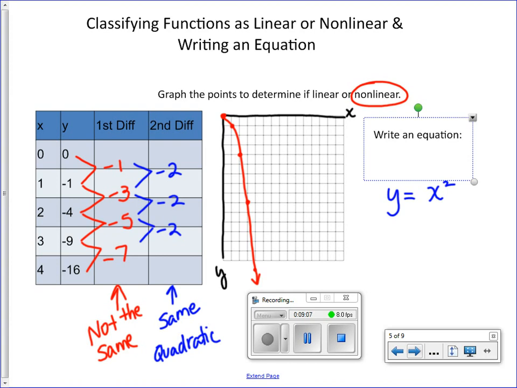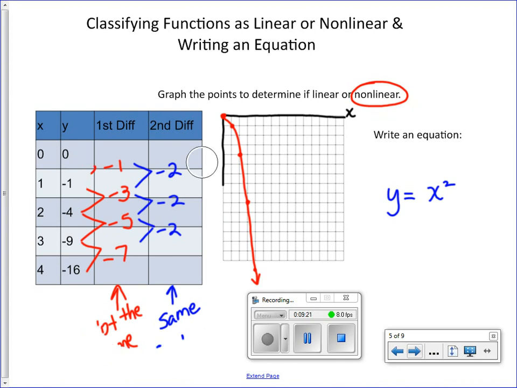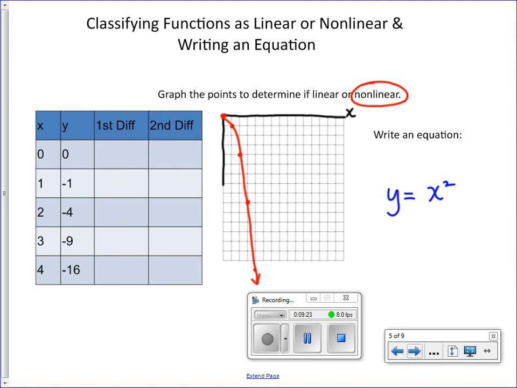In fact, we're going to take a look at this equation and see what we have to do to it to change it in order to make it work for our table. So I'm going to take this away, and I'm going to use my first difference column now to represent my x squared column. So let's take my x and square it.